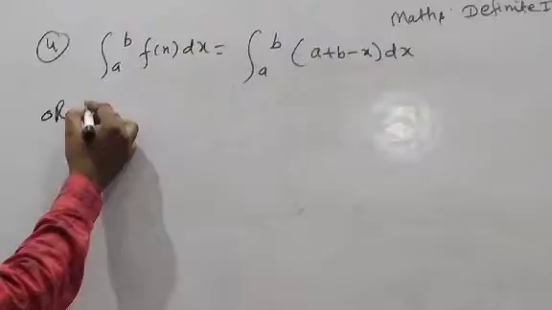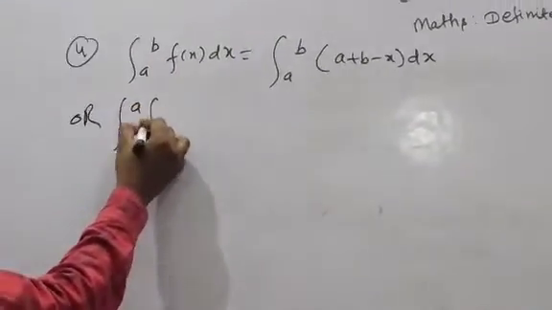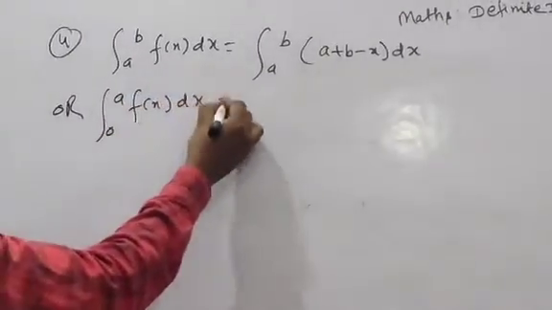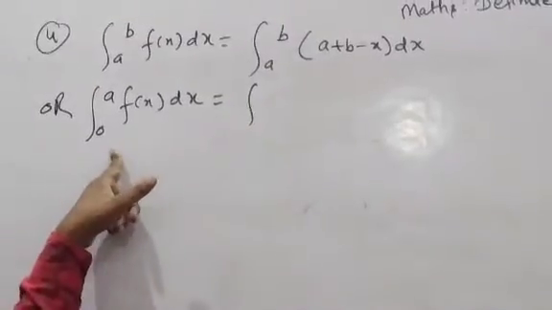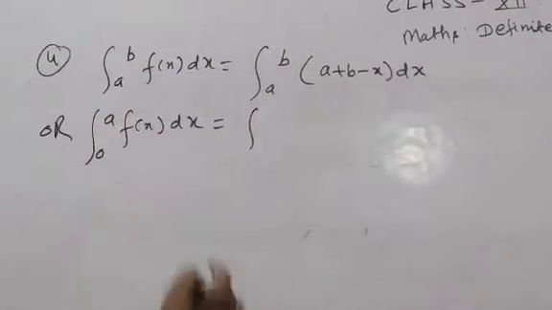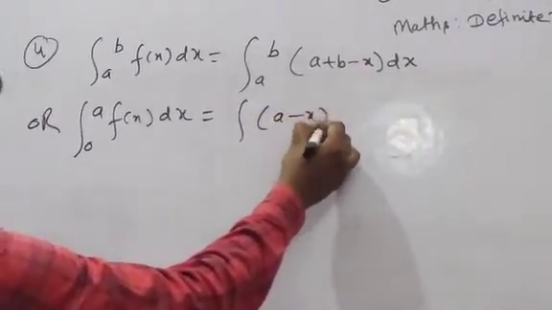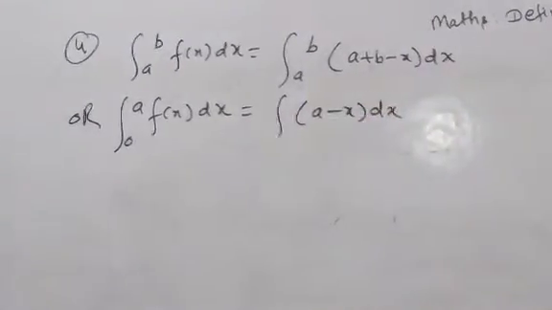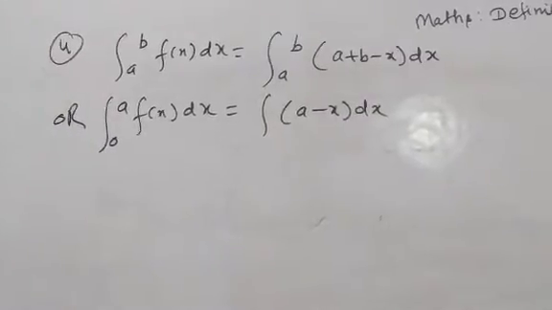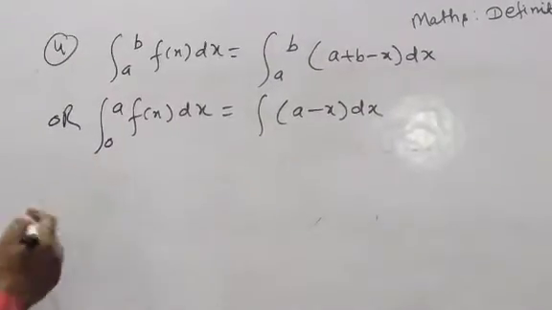Or suppose from 0 to a, f dx is equal to what? Here in place of a, 0: 0 plus a means f of (a minus x) dx. Clear?